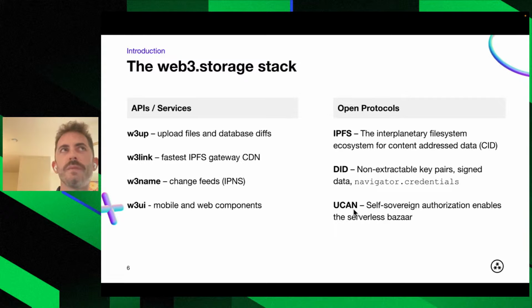UCANs can be serialized to JWT, so you can think about them like a JWT, but they have some additional constraints that mean that they can be chained. And what they're actually saying is that the holder of this UCAN has the capability to write to this account or list the records in this account or whatever fine-grained capabilities your application wants to offer.